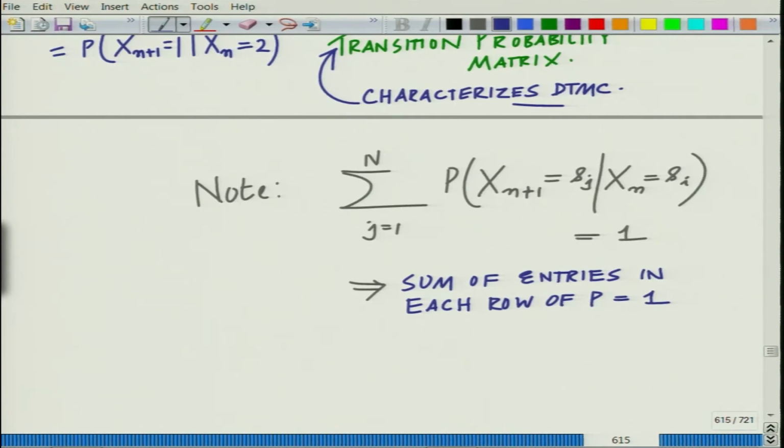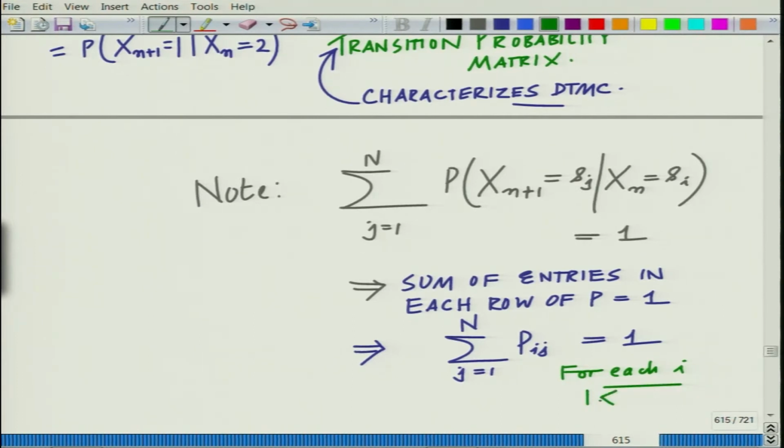This implies that the summation over j from 1 to n of Pij must be equal to 1 for each i, that is, for 1 less than or equal to i less than or equal to n.